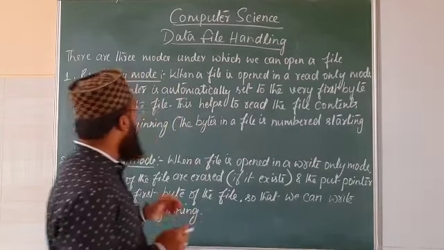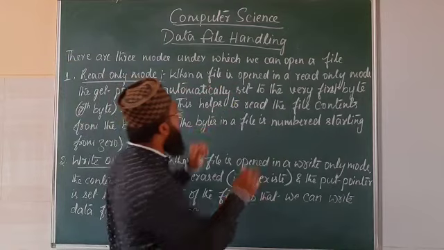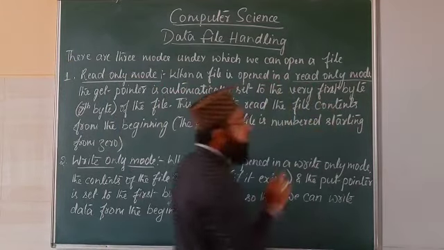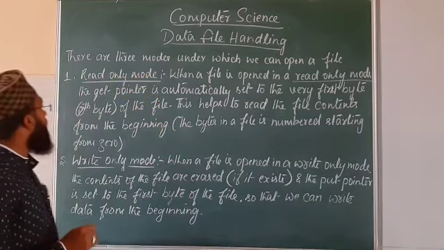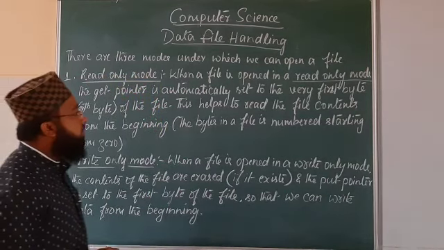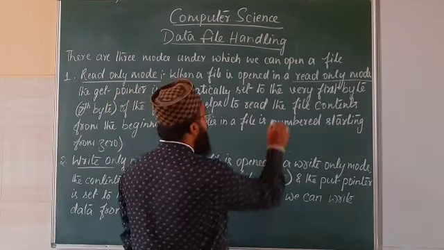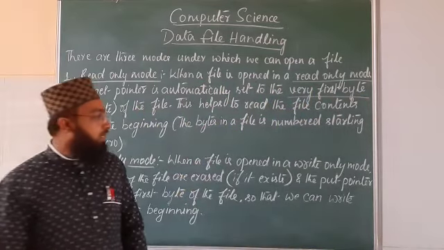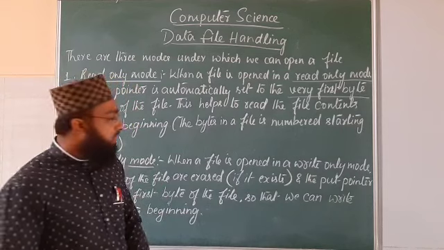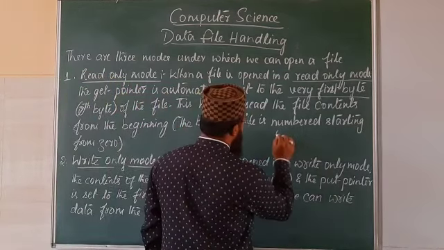Come, we shall see now. When a file is opened in read only mode, the get pointer is automatically set to the very first byte. Think we are having some contents in the file.